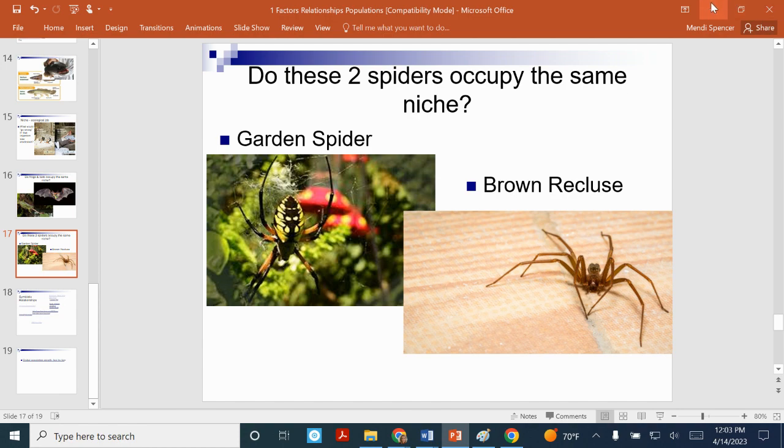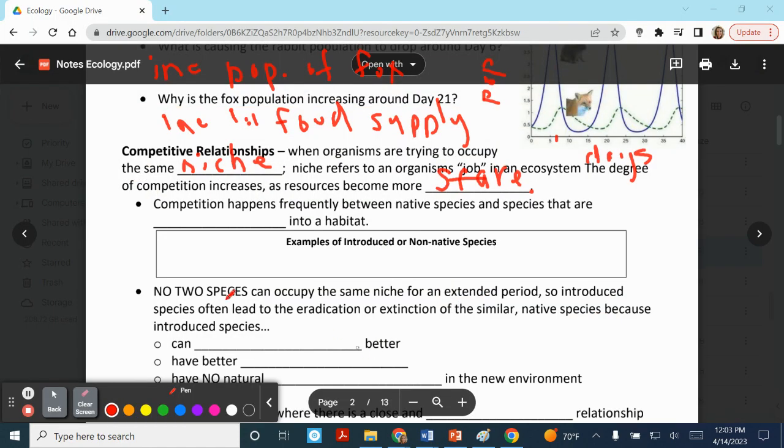Now, where we do see a lot of competition is when two organisms try to occupy the same niche, and that can happen whenever we bring in another species that is not native in an environment. So competition happens frequently between native species and species that are introduced into that habitat. For example, in Australia, we talked about rabbits.